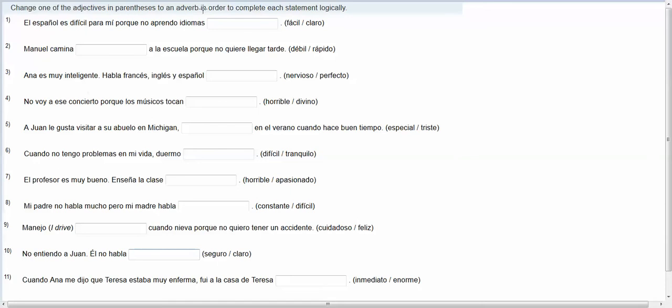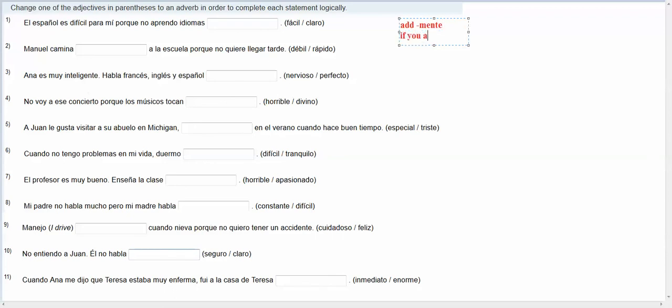Okay, so basically we just want to add mente. If your adjective ends in O, change the ending to A before adding mente.